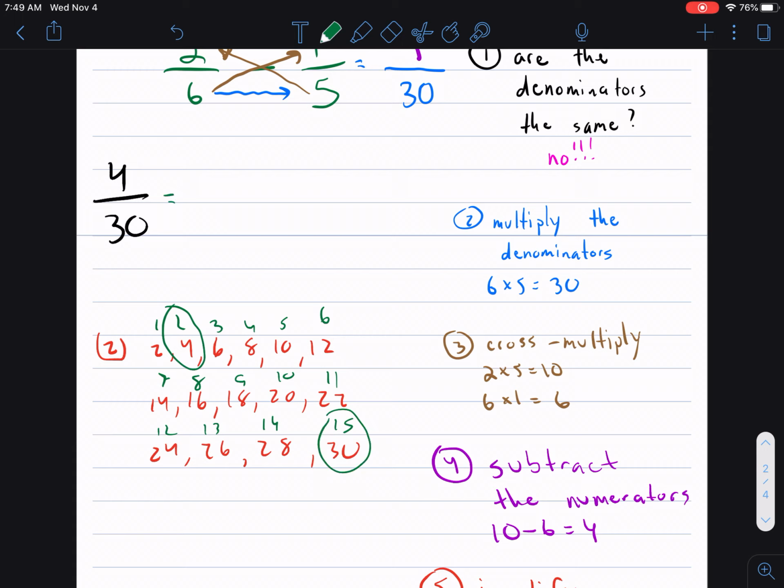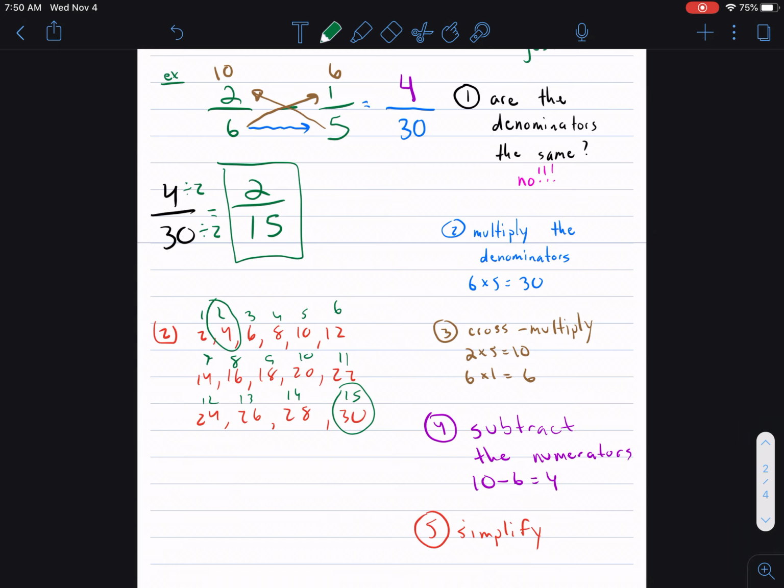How many times for 4? 2 times. And how many times for 30? 15. I divided by 2. Now let's check again. My small number is 2. Do you see 15? No. So my answer is 2 over 15. And this is very, very easy.